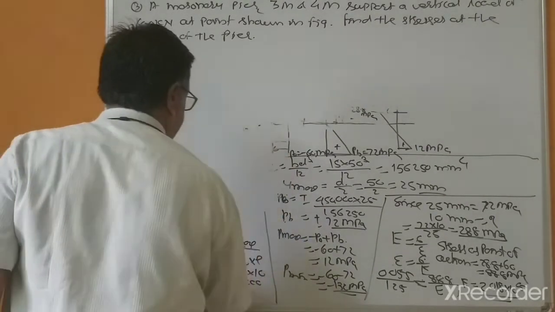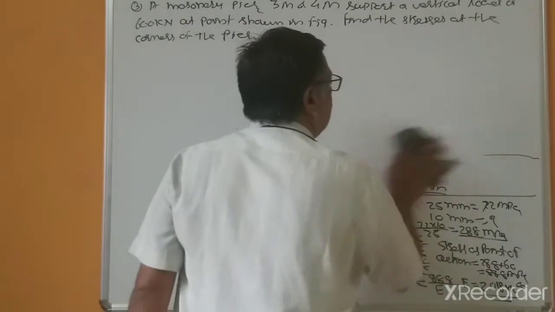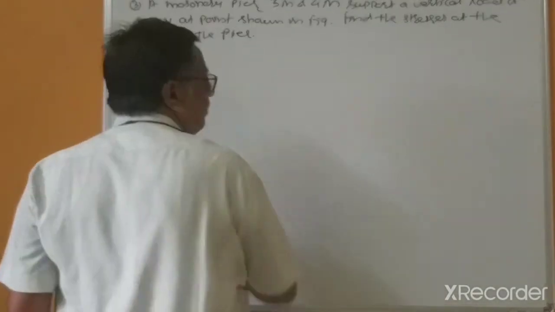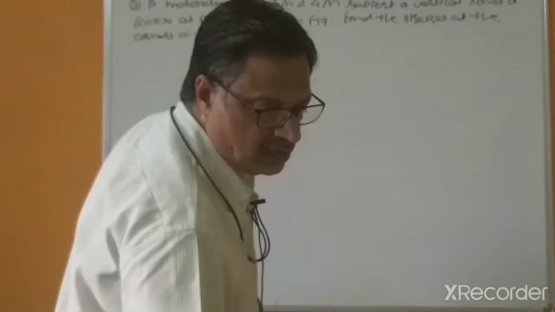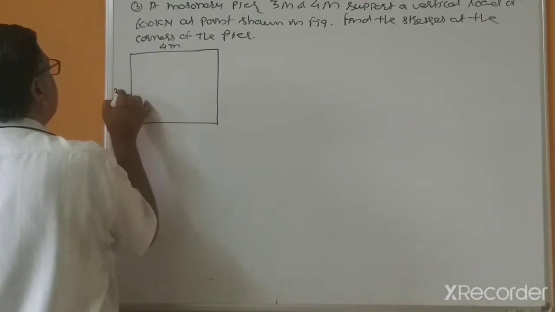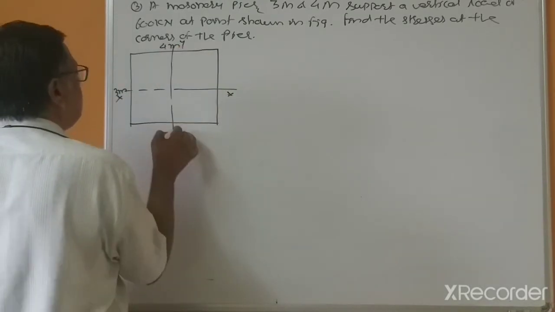So in this case, what is given, first we will try to understand that, so after that we can solve the problem. This distance is given 4 meter, this is 4 meter and this is 3 meter. This is x-axis and this is y-axis.